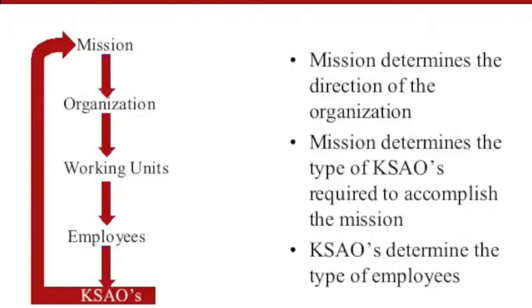Organizational theory helps you understand the mission of the organization and what an organization is, and work units, and how those units and people relate to each other and behave inside of an organization. But now in human resources, we're focusing on the people and how to get those people to work in a work unit that will then function as a part of the organization to accomplish the organization's mission.